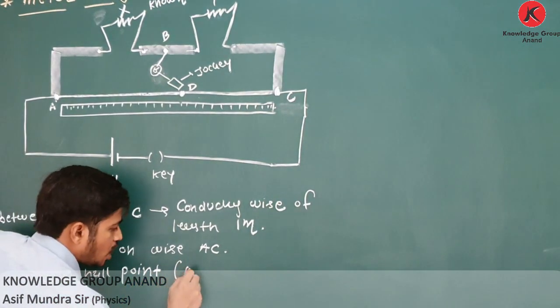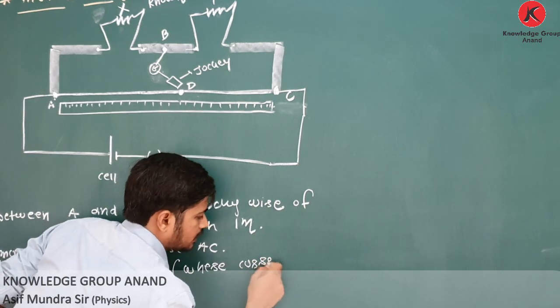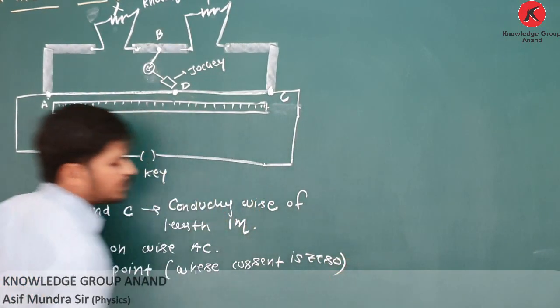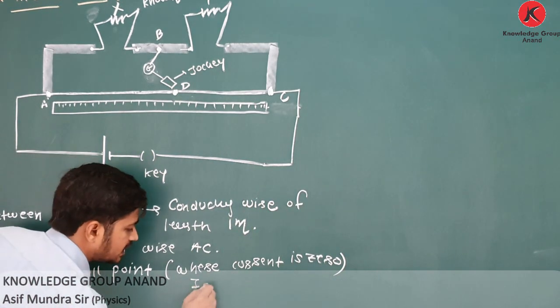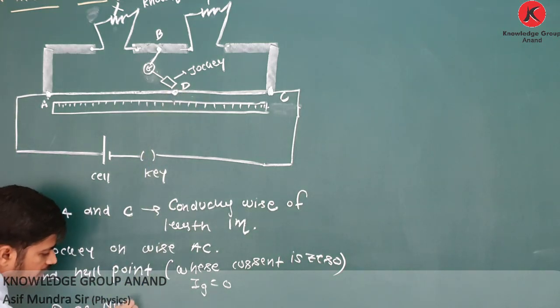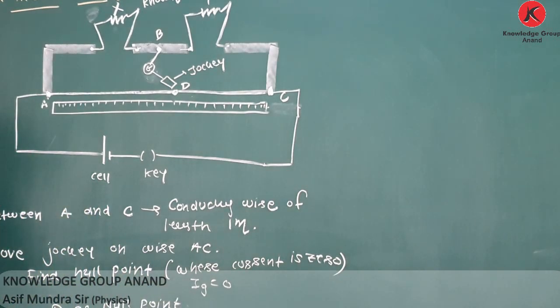Null point means where the current is 0, where the current flowing through the galvanometer is 0, or where Ig is equal to 0. So yes, here we have D as the null point. Clear about this?